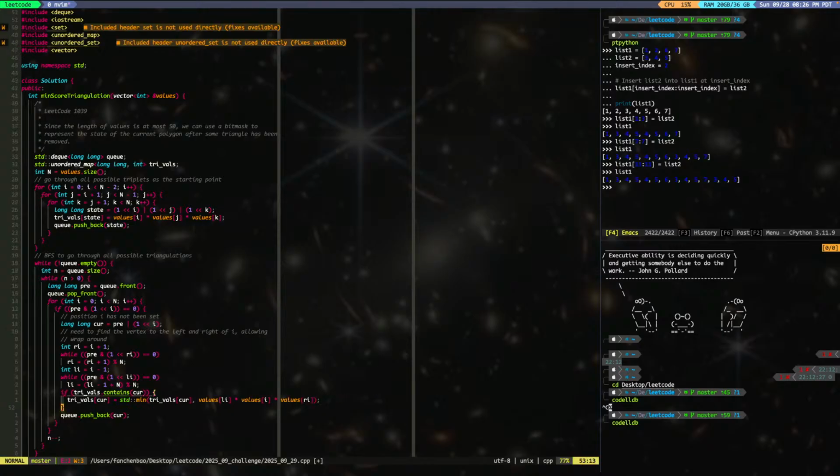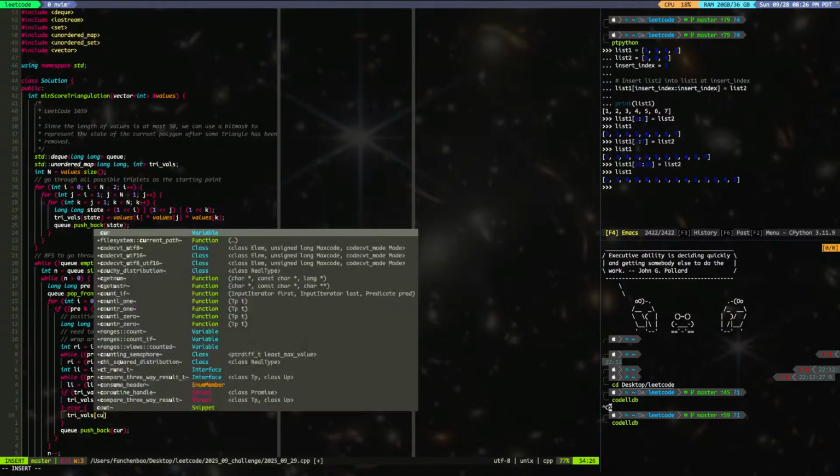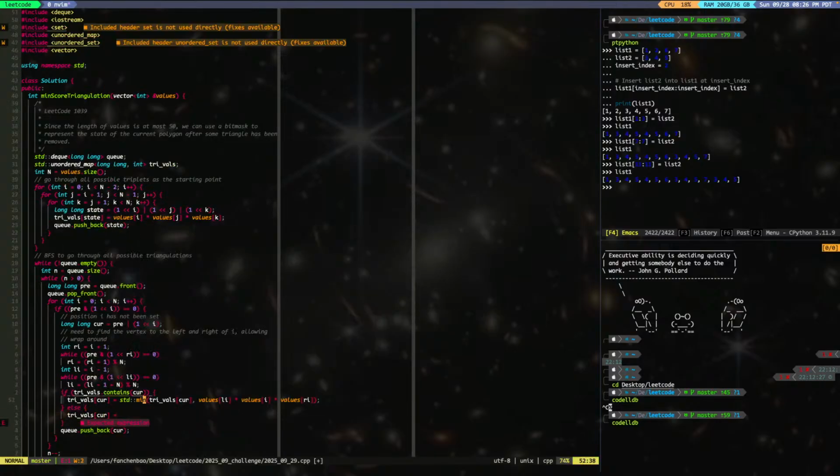Else, if tryvals does not contain it, tryvals current will equal to this, and I'll push this in. If it contains it, that means we have already visited before, so we don't have to push it back in again. I just need to update its value.